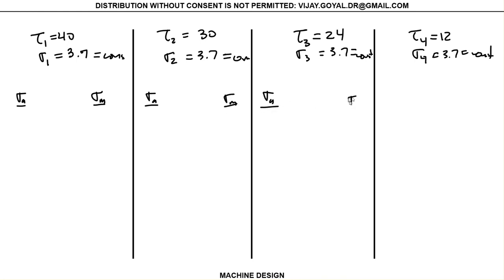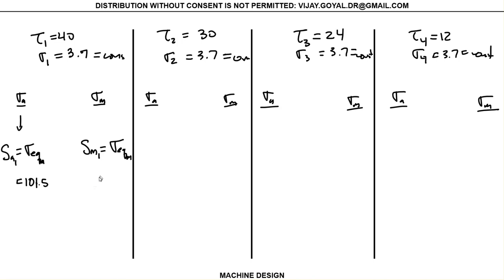And then from this state of stress, you're going to find your von Mises, and that's going to be your SA. So you find your von Mises stress. Okay, we're going to call this S1. And the value for this von Mises stress will be 101.5. You find your mean. This will be equivalent von Mises from this case. And this will give you 6.